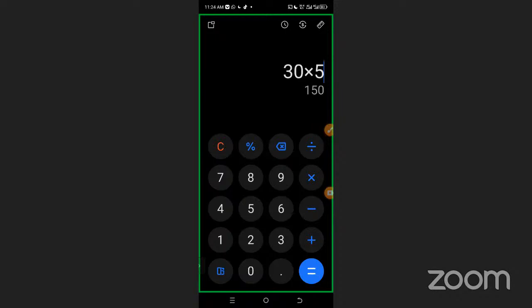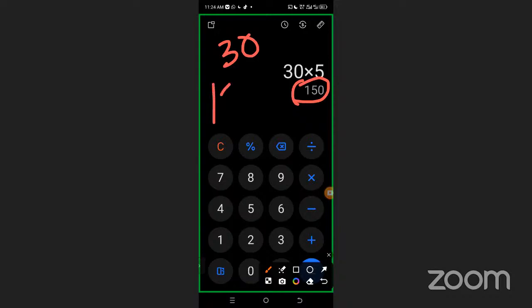30 times 5. That is $150, plus the $30 that went in the market. That is 180. Then plus 6.